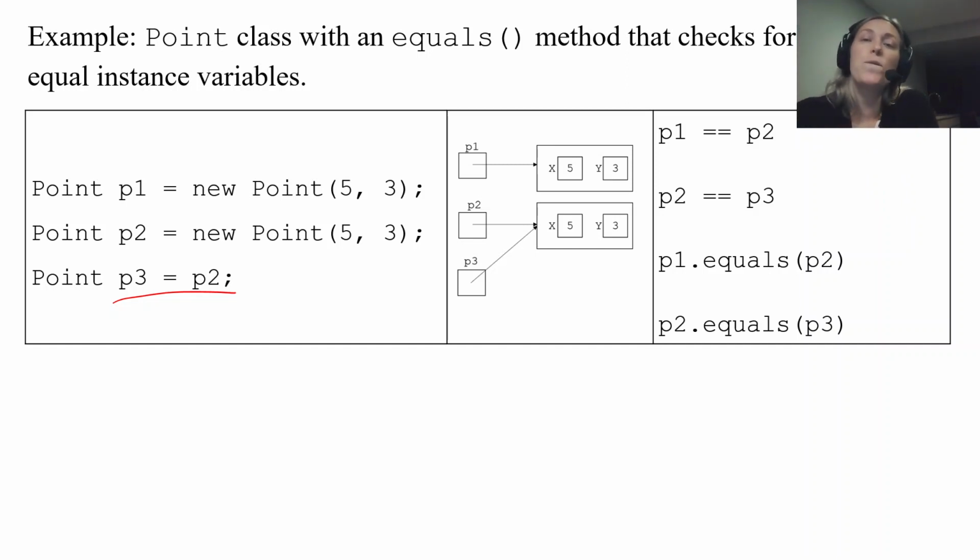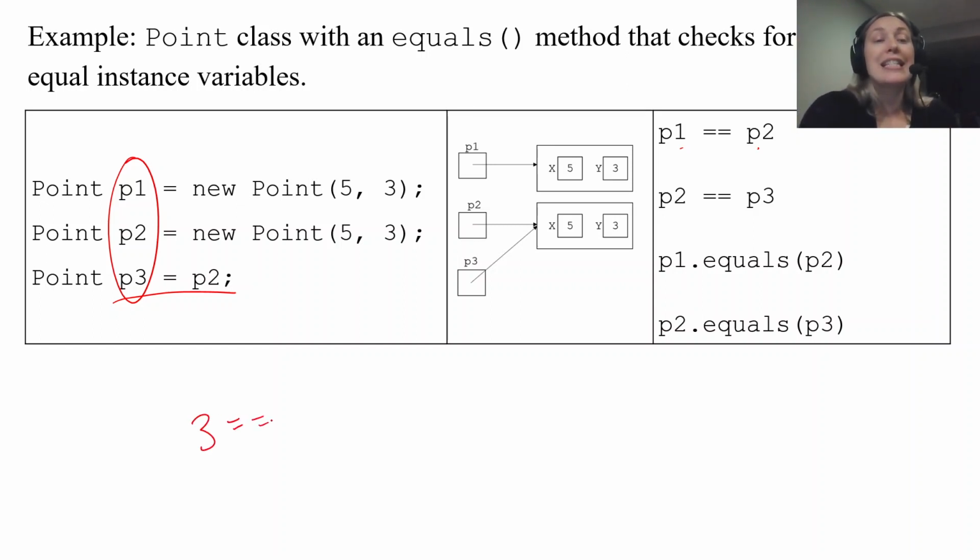And then I have 4 lines of code off to the right here. If I want to check P1 equal to P2, okay, remember the equal equal says, because these are object references, for object references, it says, are they pointing to the same location in memory? Okay.